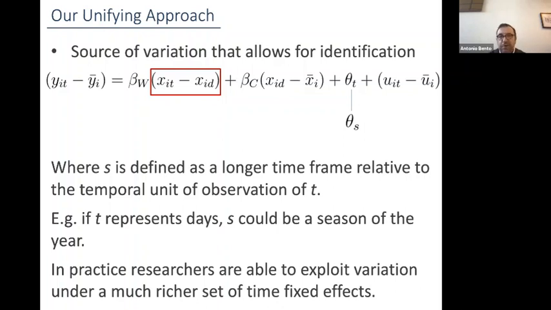We actually are going to show you also in the appendix how sensitive the methods are to different representations of the fixed effects. And I would argue that in practice, the researcher will have the ability to exploit the variation here under much richer or much more aggregate sets of time fixed effects, depending on the application.